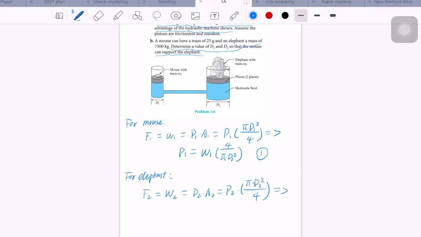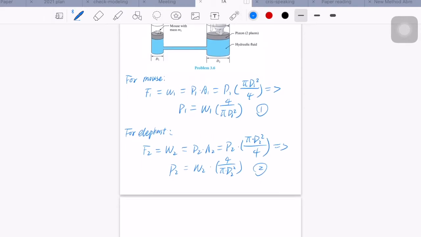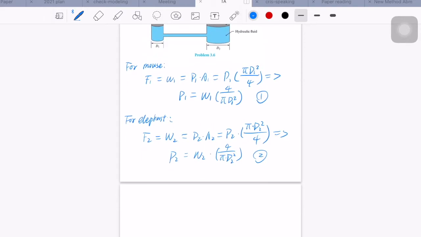We can determine that P2 equals W2 times 4 over pi times D2 squared. This is equation 2. And we recognize that the pistons are at the same elevation, so P1 equals P2.